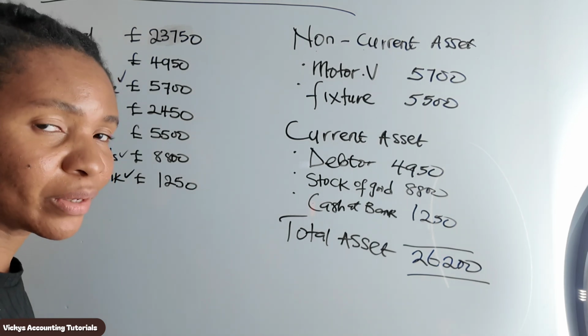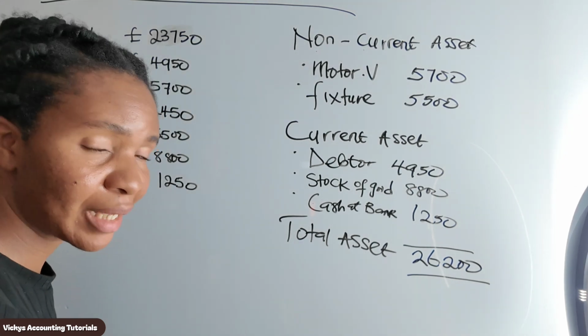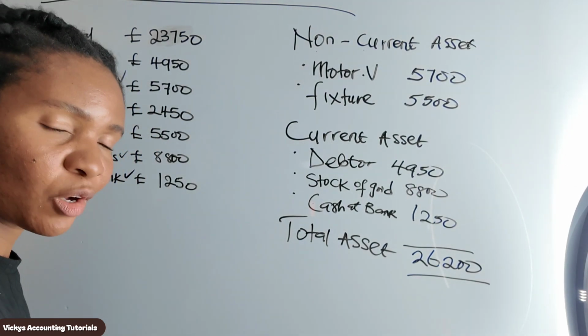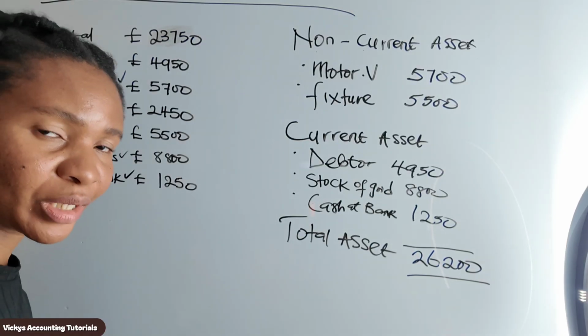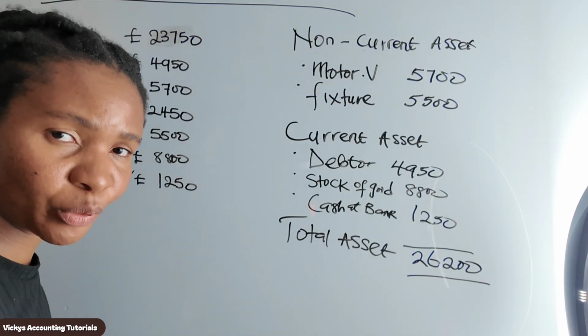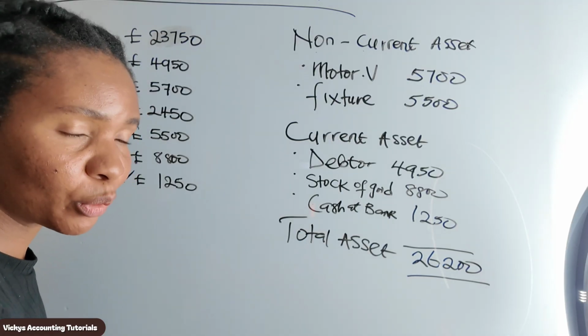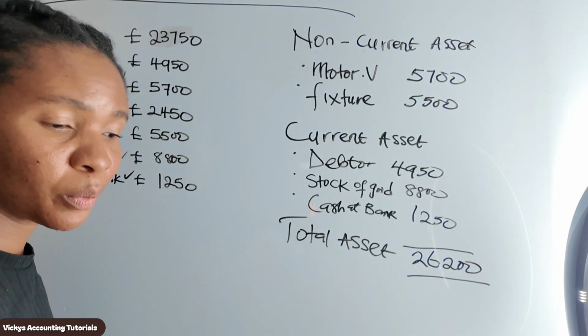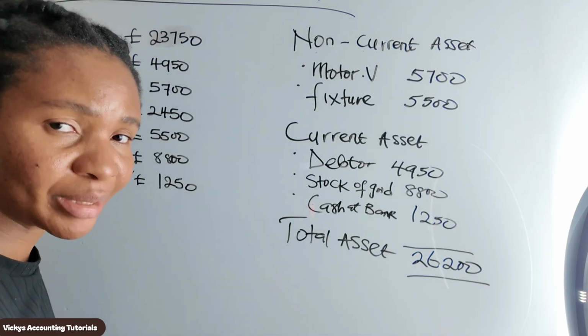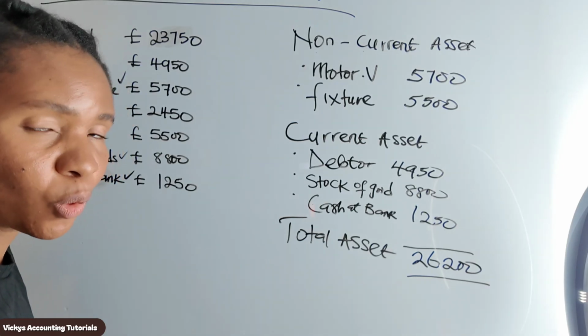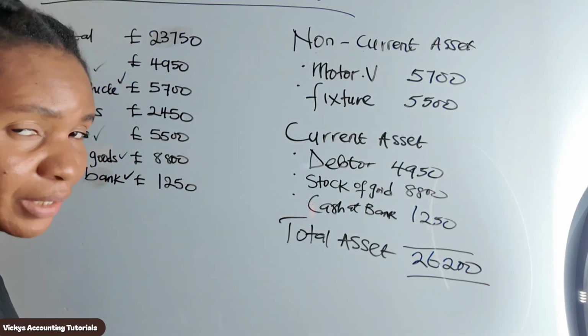Capital is simply the money that you introduced into the business as a business owner. So when you start off your business, you can raise your capital by borrowing from the bank, or you've saved up an amount, or you borrowed from friends and family. But whatever money that you introduced into the business can be called capital, right?